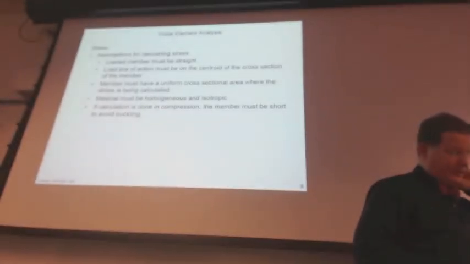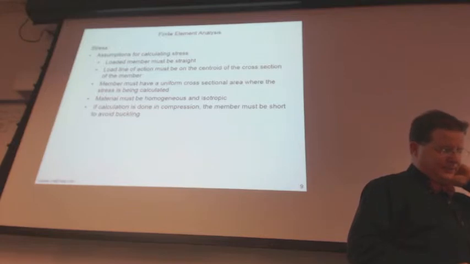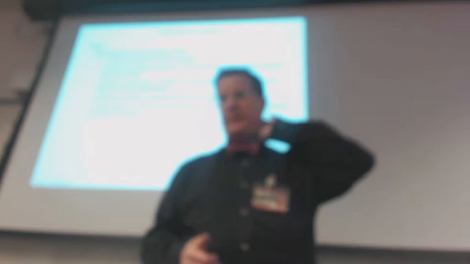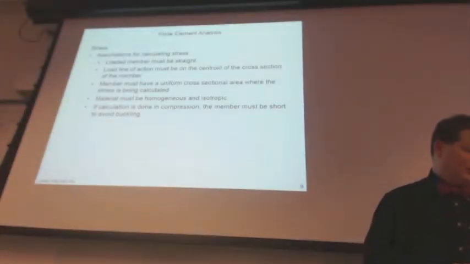So, assumptions that we're going to make when we're doing these calculations. And most of this stuff is coming from way back in 312, right? So it should be stuff that most of you are pretty familiar with.